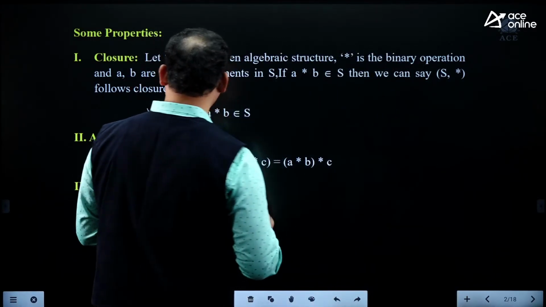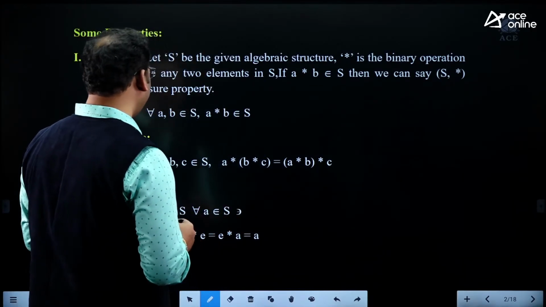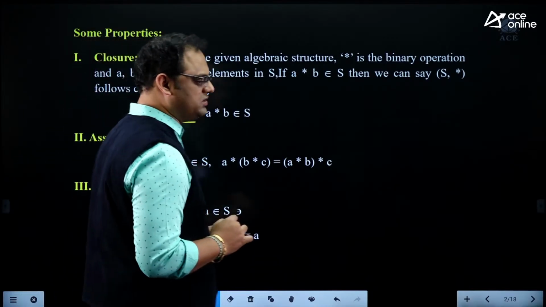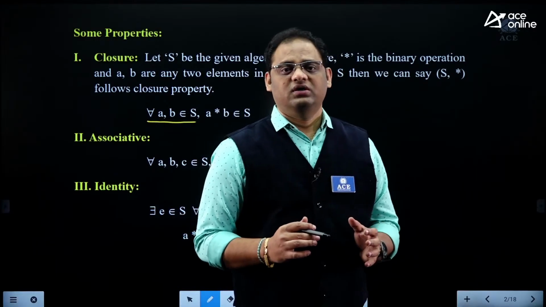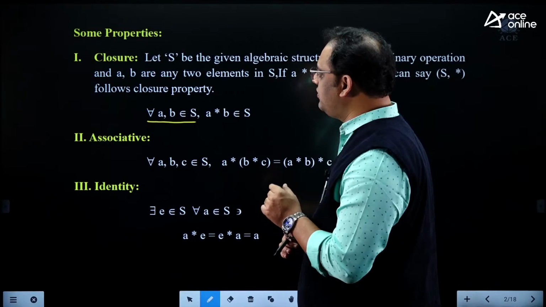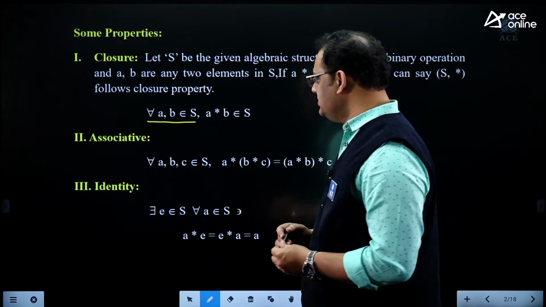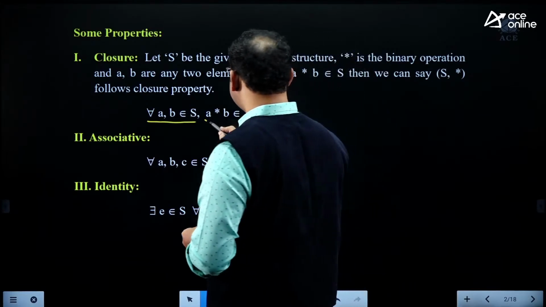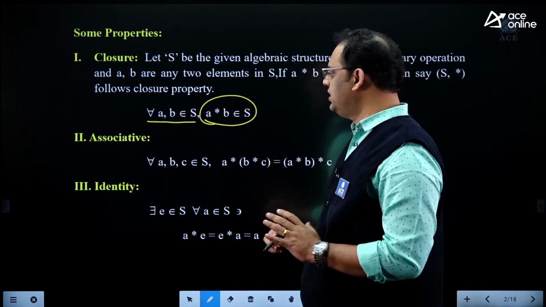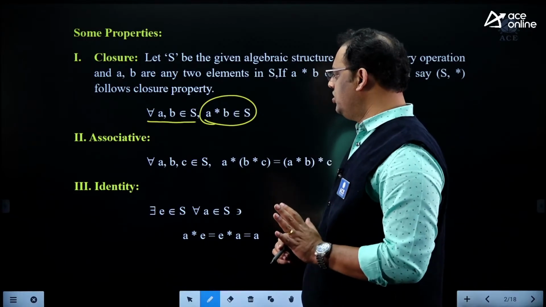Closure property. Here we have the closure property, something like this. For all a, b belonging to S, let us suppose S is the given algebraic structure. For every pair a, b belonging to S, you can take any pair of elements in S, a star b must belong to S. So star is the binary operation there. a is any element, b is any element in the given algebraic structure.